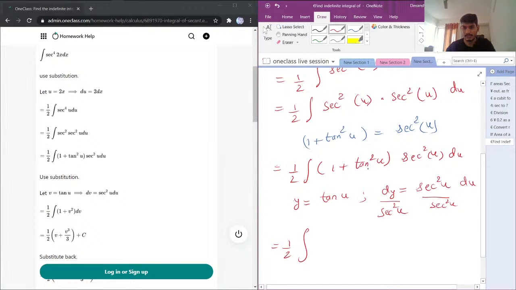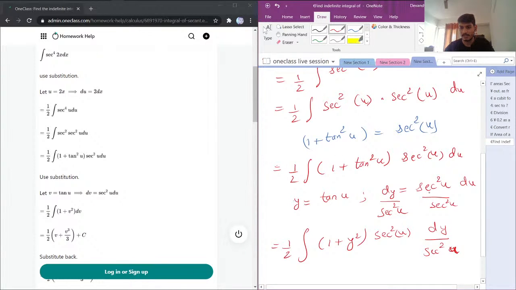My tangent of u was y, so I will write 1 plus y square, then my du is equal to dy over secant square of u.